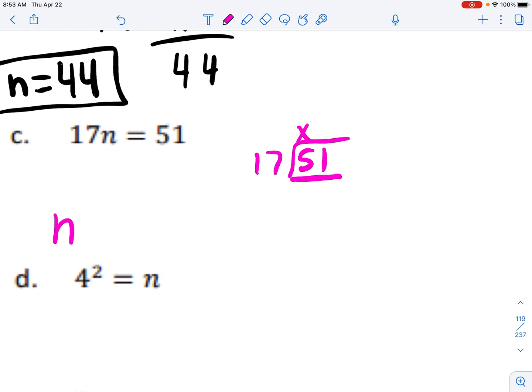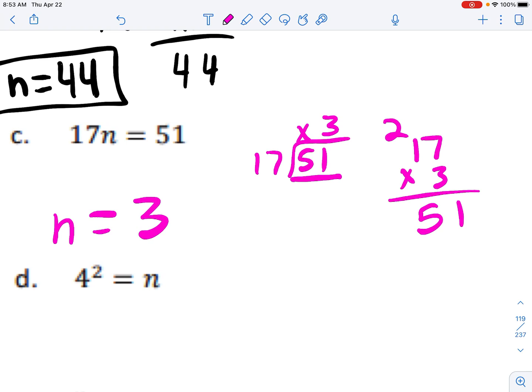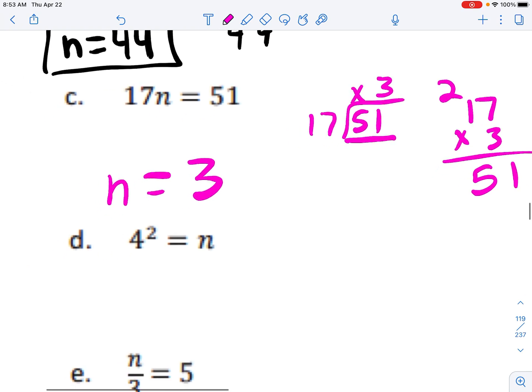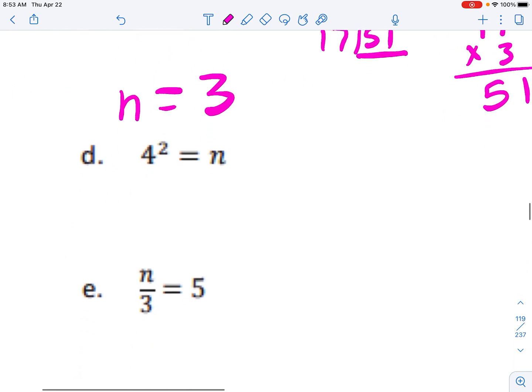Let's go ahead and start with 3. 17 times 3: 3 times 7 is 21, 3 times 1 is 3, plus 2 is 5. So in this case, n equals 3, because 17 times 3 is equal to 51.